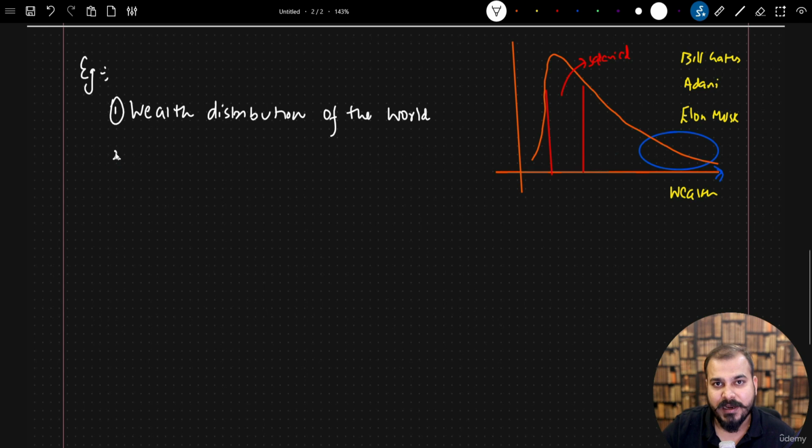Now the second example, and like this we have a lot of examples: in a discussion forum, you can look at the length of the comments.